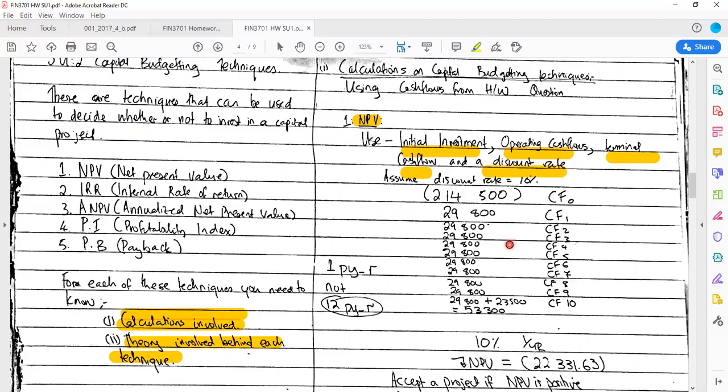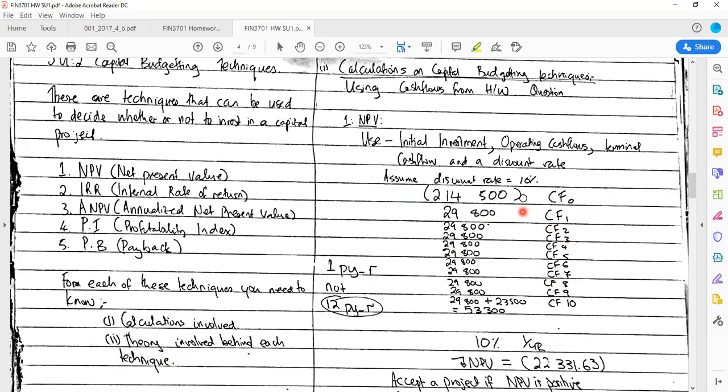In this case, we're going to assume that the discount rate is 10%. To do this calculation, you use your financial calculator.